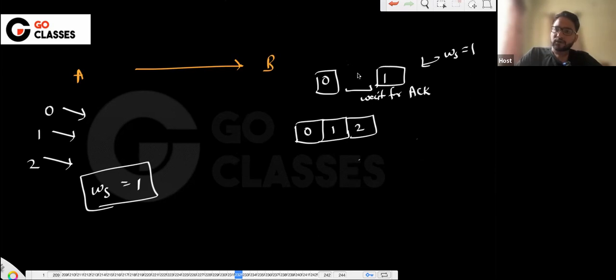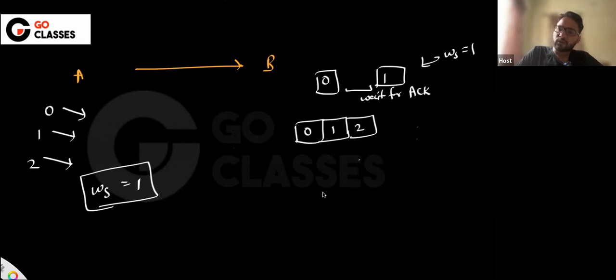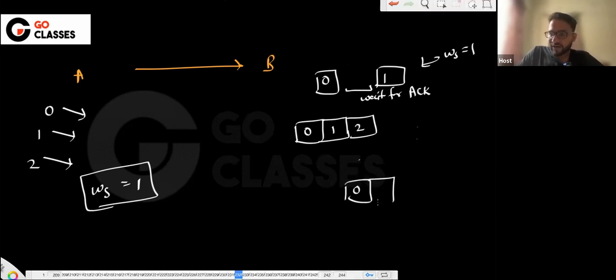Okay. Now suppose that your window size is 2. You will send 0, and immediately after that, you will send 1. That is perfect. Now, will you wait for some time to get the ACK for 0?